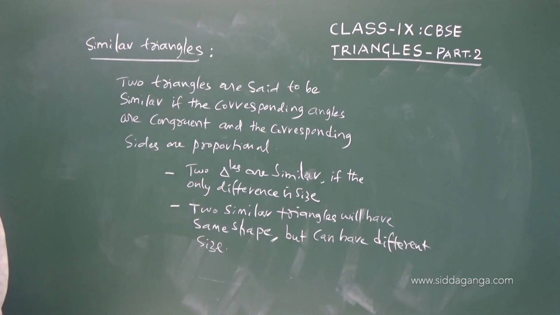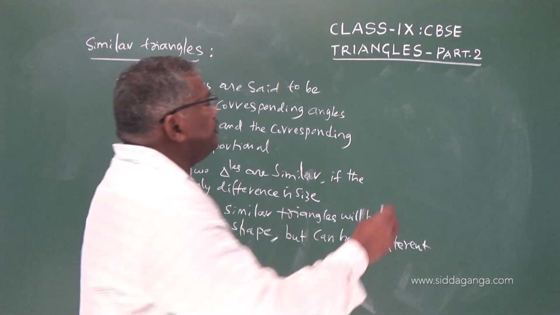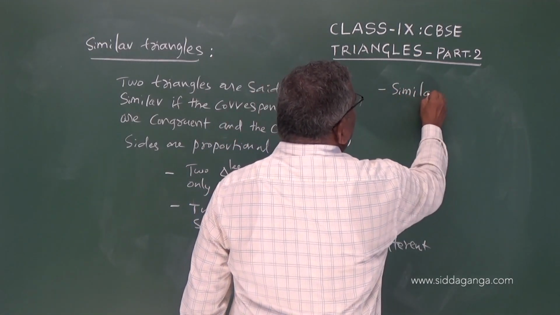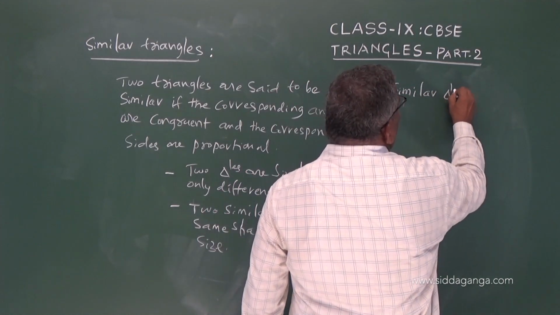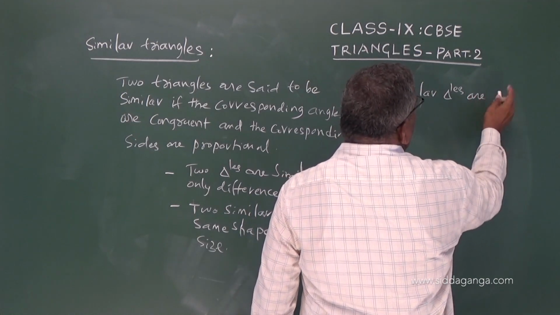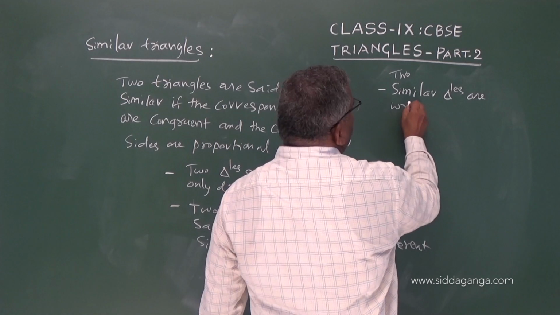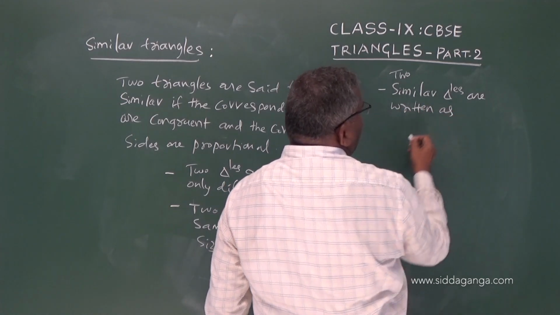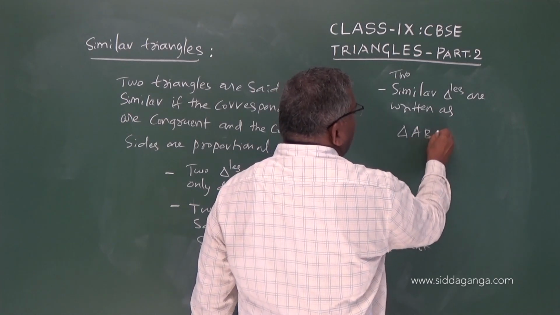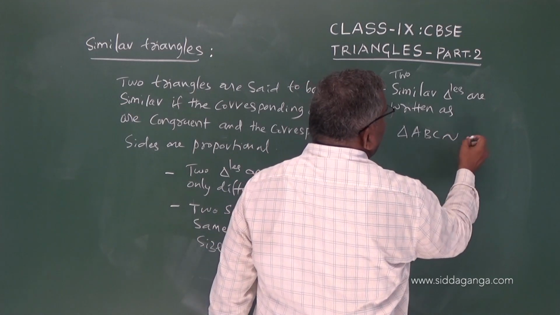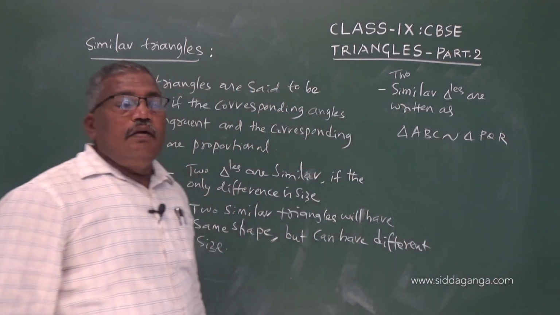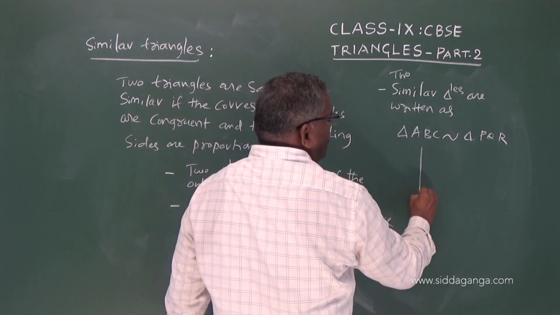Similar triangles, third point. Two similar triangles are written as, say, triangle ABC similar to triangle PQR. So we can draw the sketch.